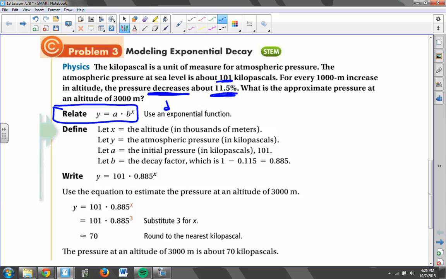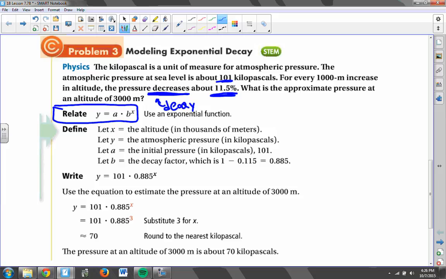That means decay. That should be your first clue. Decay, decreasing. Our x value, which we're going to leave as a variable, is the altitude in thousands of meters. So for example, when we begin, our first rise is going to be 1,000 meters. We will put 1 in for the x value.